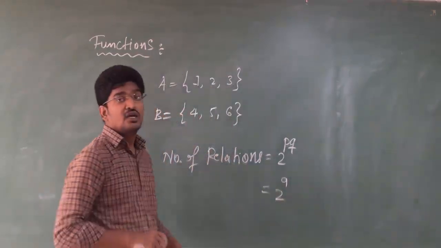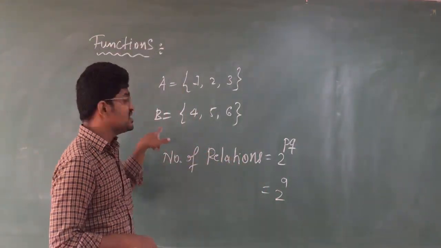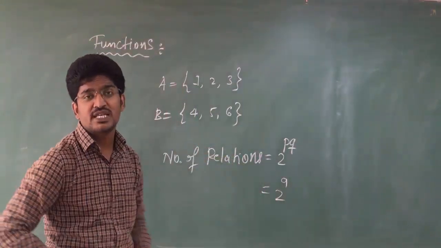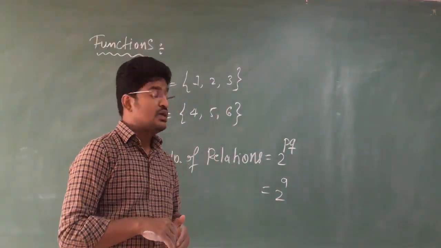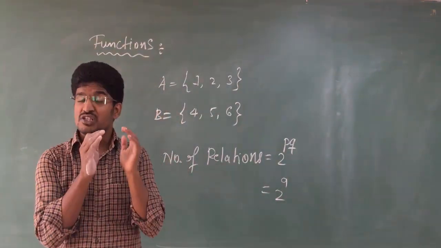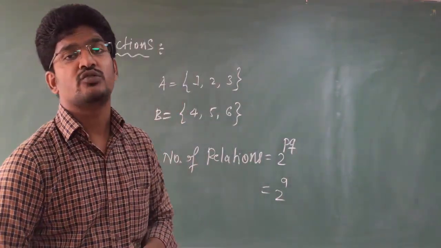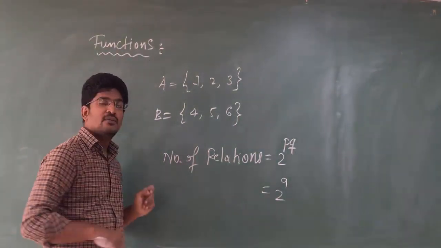That means 2 to the power of 9 relations you can define from set A to set B. You can calculate in the calculator what 2 to the power of 9 is. That many relations can be defined from set A to set B.